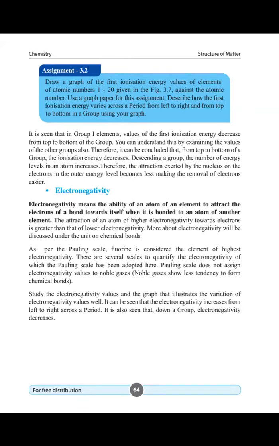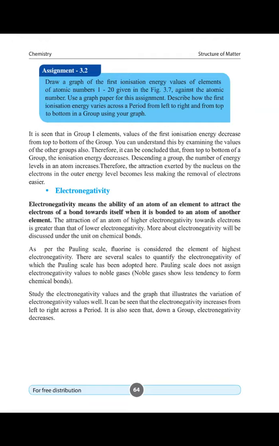The Pauling scale does not give electronegativity values to noble gases as they don't form chemical bonds readily. But using the Pauling scale, electronegativity can be compared.